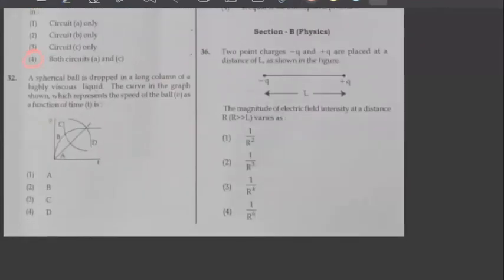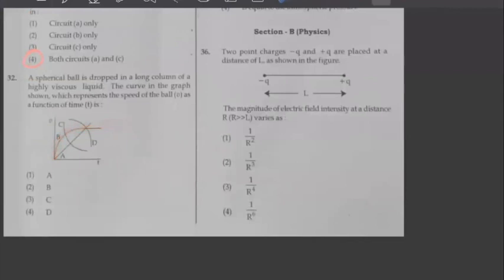Fine. Next one, a spherical ball is dropped in a long column of highly viscous liquid. So this is our terminal velocity. Which curve in the graph shown represents the speed of the ball as a function of time? Initially, the speed will increase because it is accelerating, and then it should become constant.